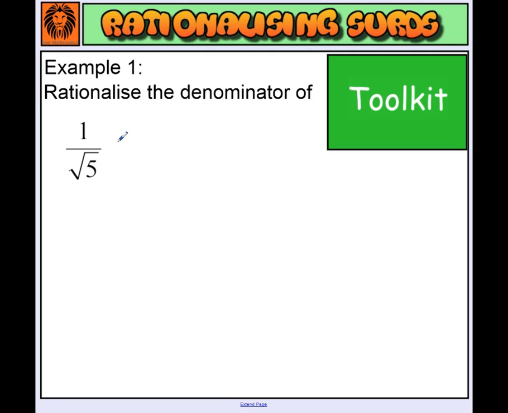Example 1. Rationalise the denominator of 1 over root 5. You can see that we have an irrational number as a denominator, so we need to turn it into a rational number. Thinking back to the previous slides, we need to multiply root 5 by root 5. To make sure that we don't change the value of our fraction, we need to multiply the numerator and the denominator by root 5.